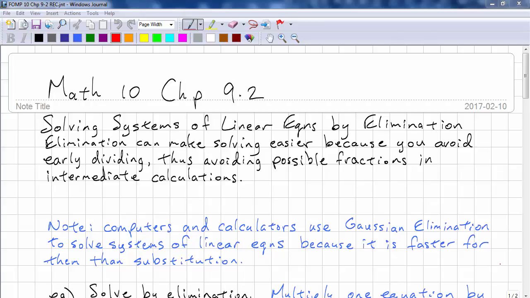And you don't have to use this to solve. You can stick with substitution if you like, but sometimes it's faster to use elimination depending on how the equations look. And it doesn't matter which variable you eliminate, you should end up with the same answer.